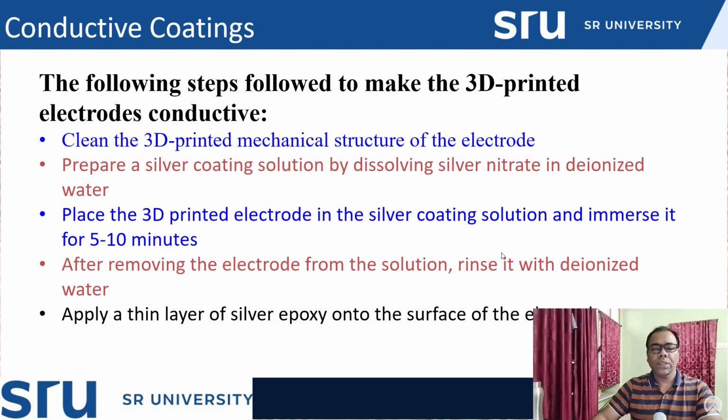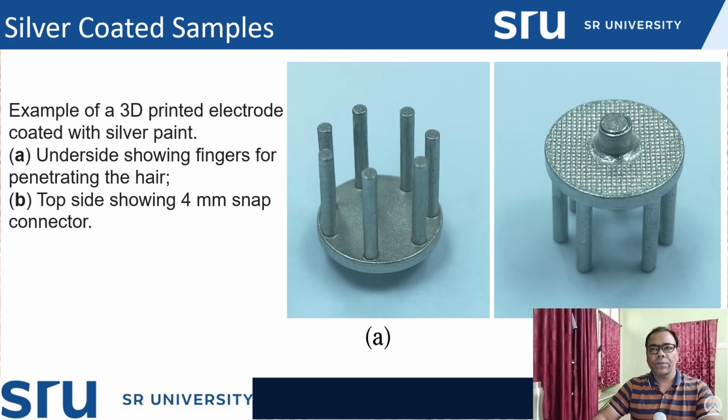After that you have to apply a thin layer of silver epoxy onto the surface of the electrode. Once this is performed, one can go for the testing and characterization of the coated electrode.